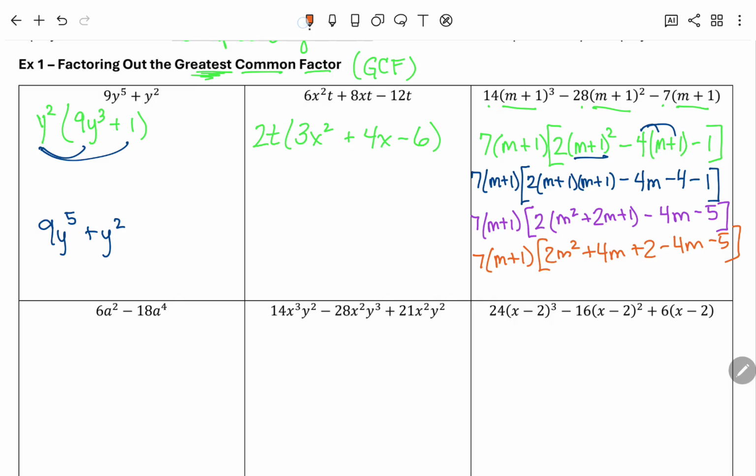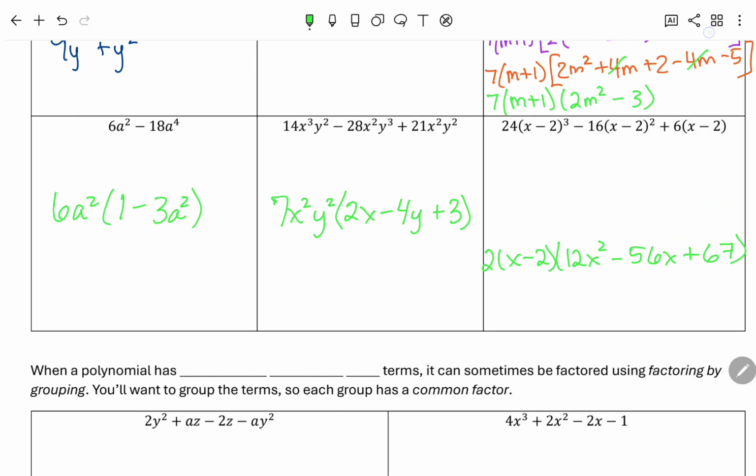Okay, and finally we have made it to the end. 7 times m plus 1, then 2m squared, the m terms sum to 0, and that's going to give me a negative 3. All right, I think we got there. Go ahead and pause and give yours a try. All right, pausing again as you check those 3 answers. Revise as needed.